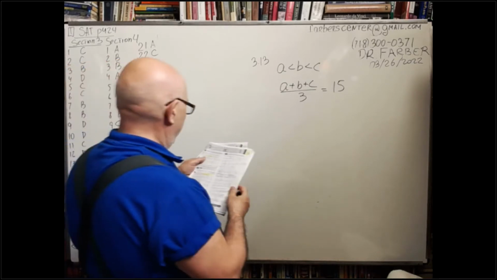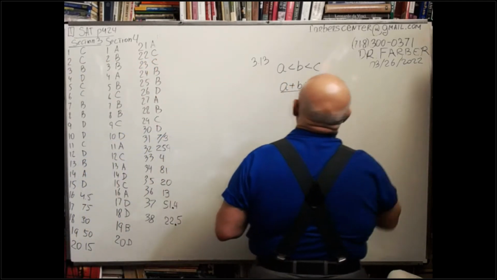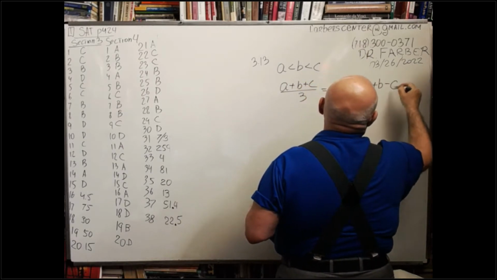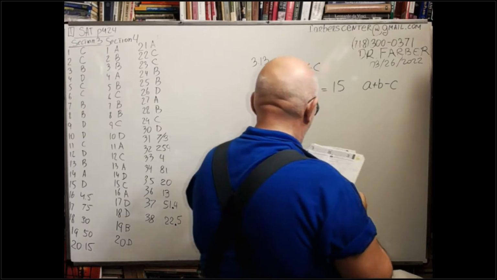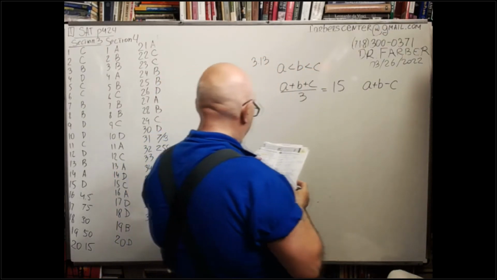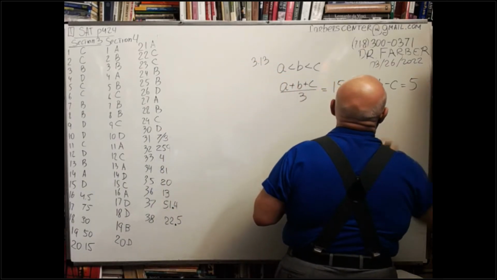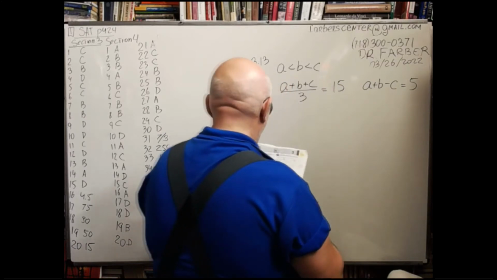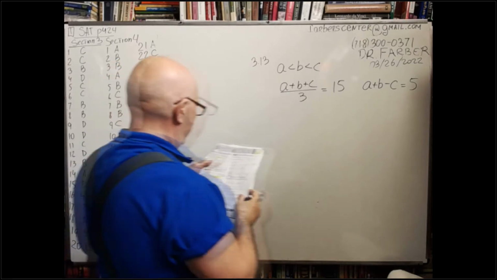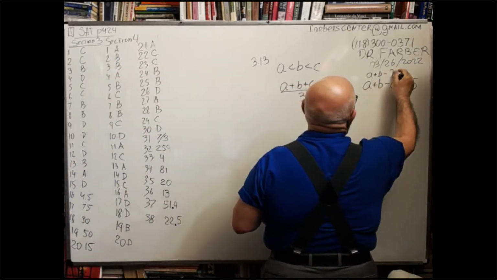Okay, so the greatest is c. So when you have a plus b and you subtract c, what happens? The result is 5. This is what is given, and they ask you to find the value of a plus b.